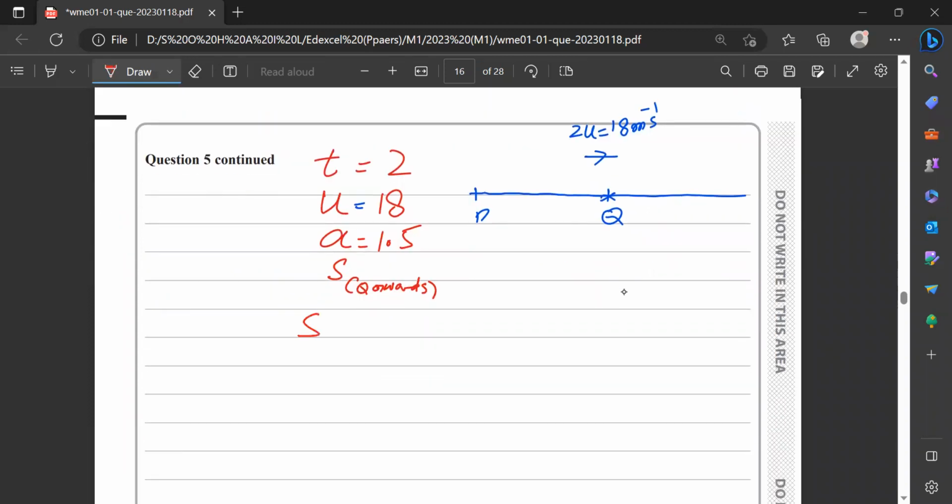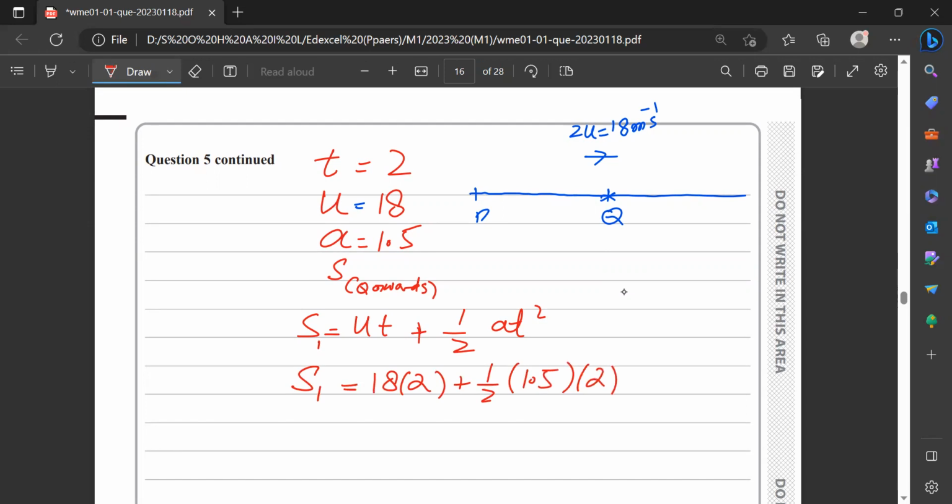So S is equal to UT plus half AT square. S from Q onwards, I can mark this as S1. S1: U is 18, time is 2, half is half, A is 1.5.